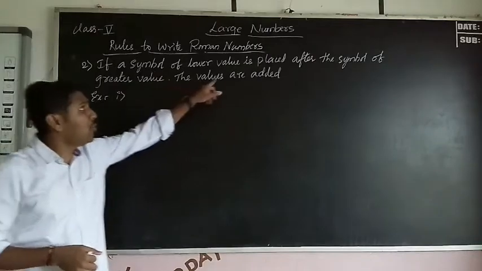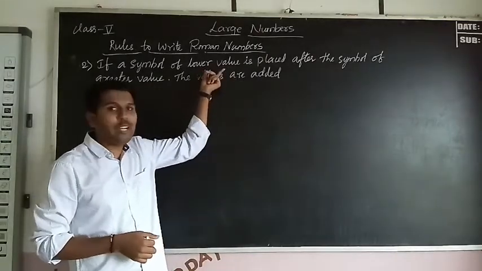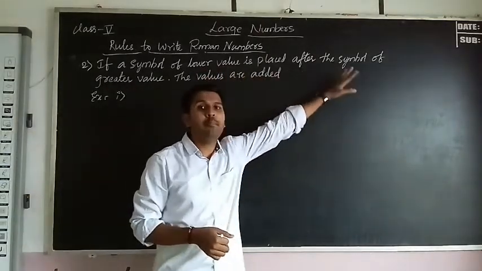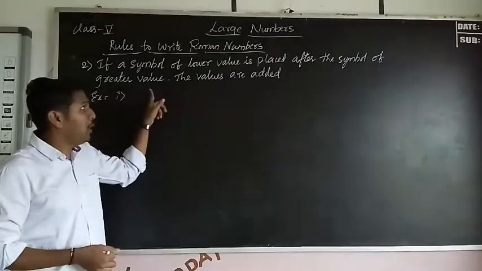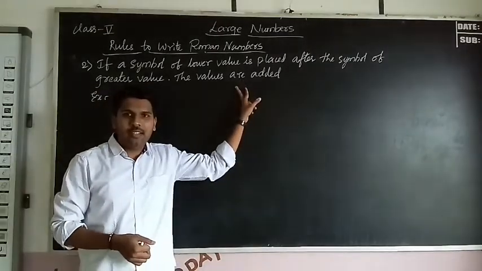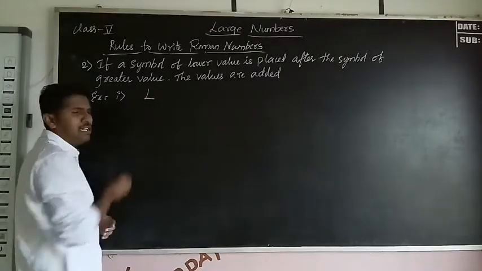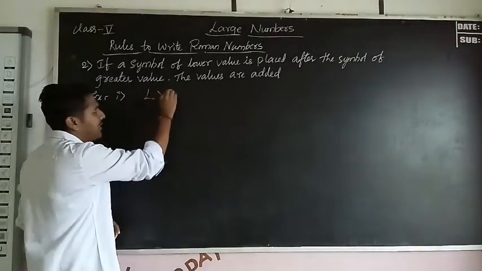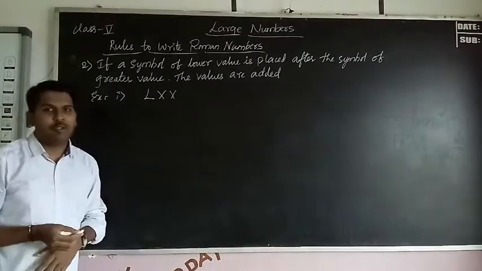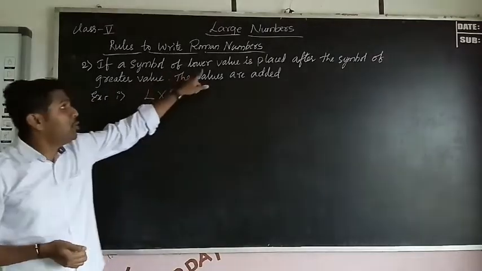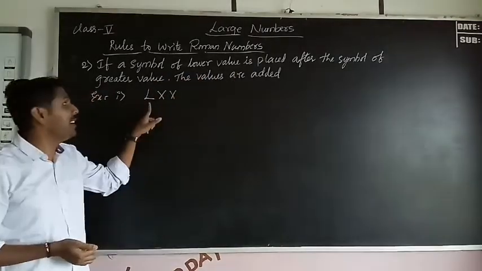If a symbol of lower value is placed after the symbol of greater value, the values are added. I will explain. Take an example here: LXX. The lower value is placed after the greater value.